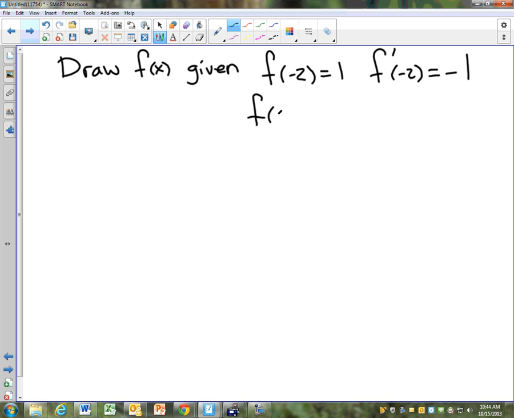We'll say f of 0 is equal to 3. And we'll say that f prime of 0 is equal to 1. See if you can fulfill those 4 requirements and draw a graph. And when you think you've got a graph, come and put it up on the board so we can all look at it and see how beautiful it really is.